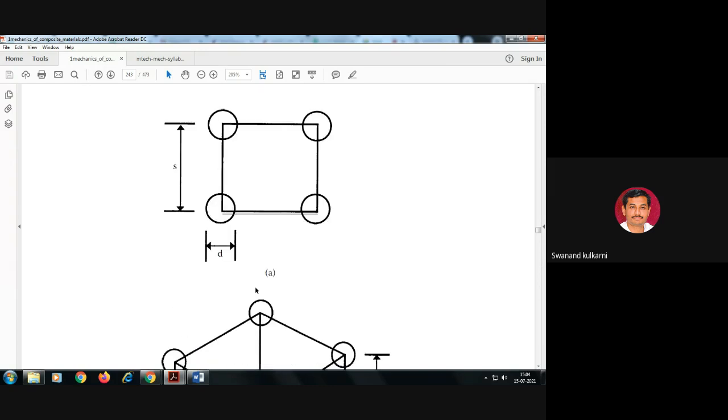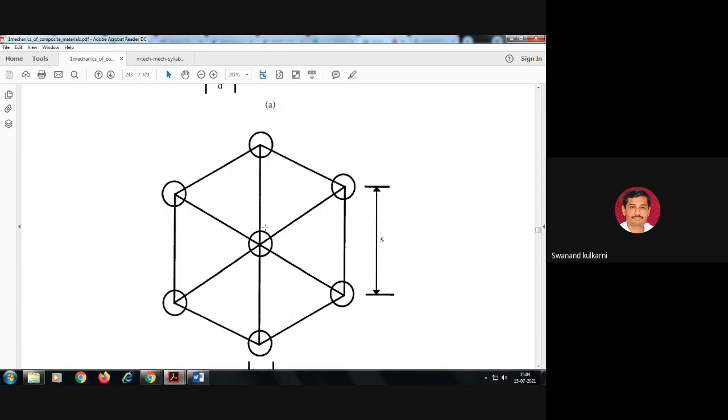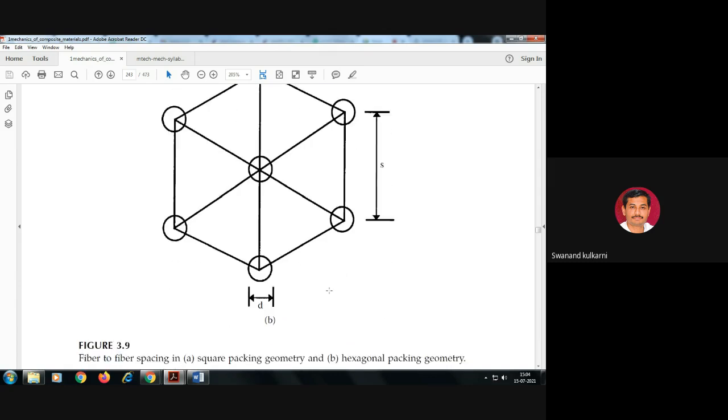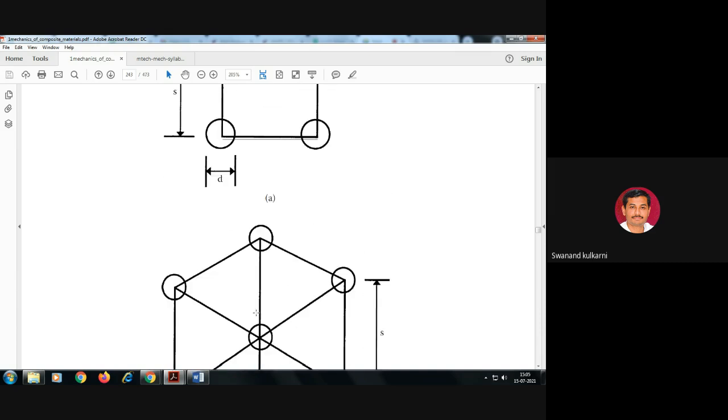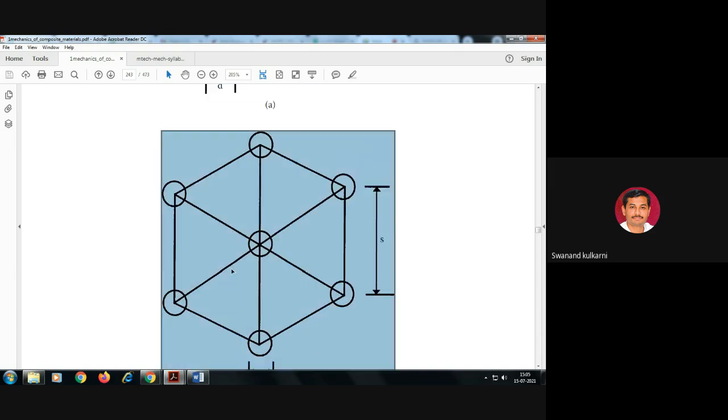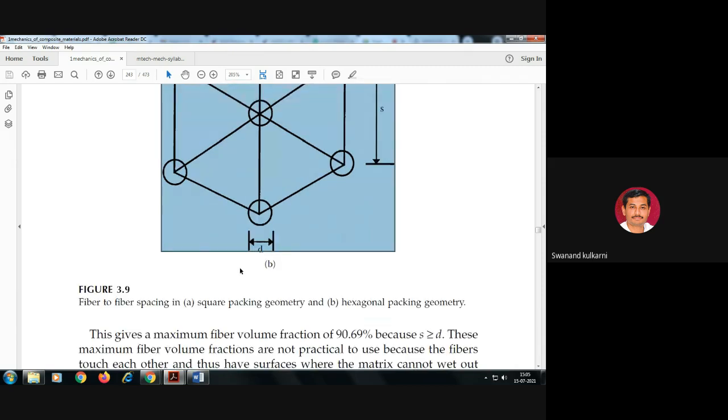Now what is the difference here? We can see that in this case the fibers are present at the corners of a square, but here they are present in a hexagonal shape. Is it okay? Packing ratio will be larger in this case as compared to the other.